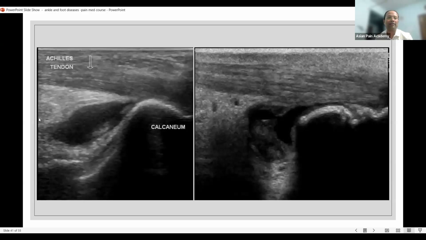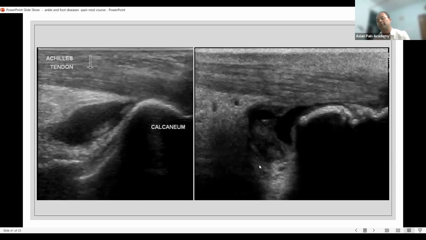Tendinosis can be a chronic presentation, but when there is a bursitis, it is usually an acute presentation. You can see this is the Achilles tendon and this is the bursal fluid. If there is no fluid, then you can hardly recognize the bursa. Though 0.1 or 0.2 ml of small amount of fluid can be seen in a normal patient also, otherwise, if there is bursitis, then only you can see this area.